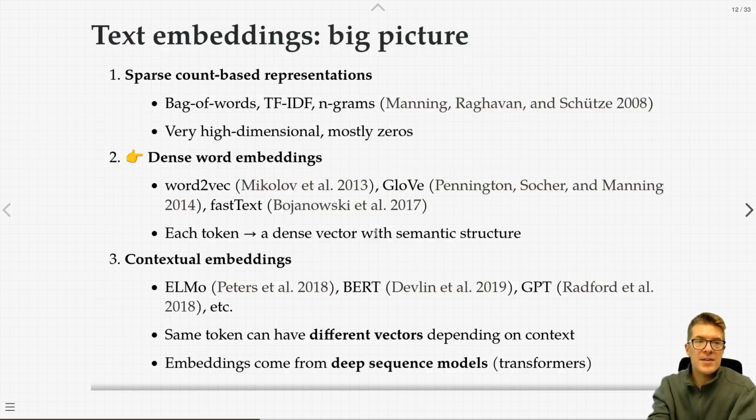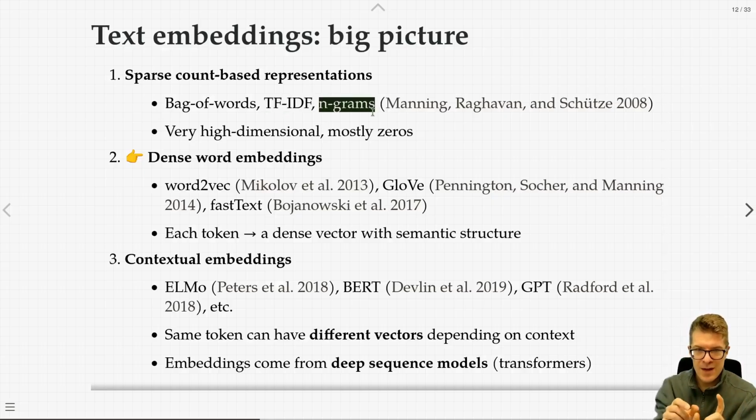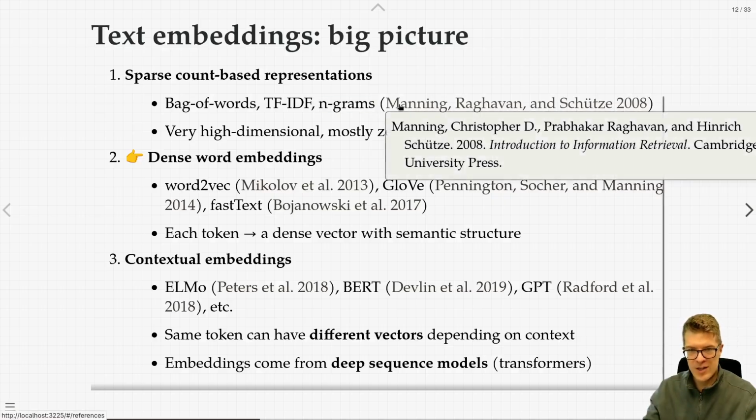So for text embeddings, there are sparse count-based representations that take us back to the early 2000s. Bag of words, term frequency-inverse document frequency, or TF-IDF, used to be super popular in computational linguistics, or n-grams, which are just sequences of n words side by side, and the statistics associated with them are the old-fashioned way of representing words and contexts.